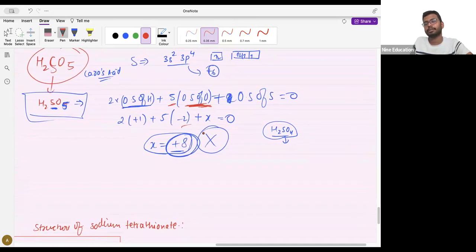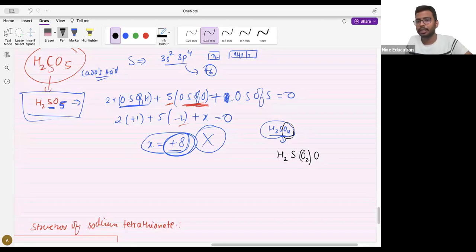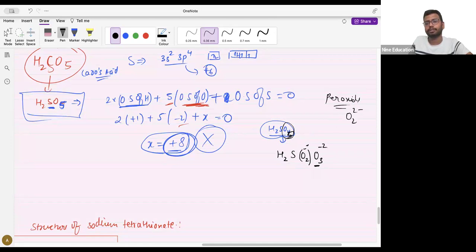In Caro's acid, out of these 5 oxygens, 1 oxygen pair is a peroxide bond, and the rest 3 oxygens are simple oxide, -2 each. In peroxide, O2 carries a 2- charge, so the total charge on it is 2 minus.